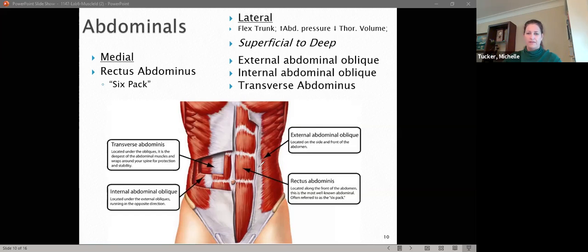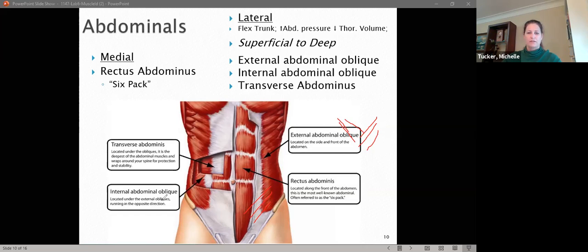We also have the external obliques. You can identify them by their location on the model. They're going to be on the superficial side of our torso model, and they run like a V. So they run this way, and on the other side this way.